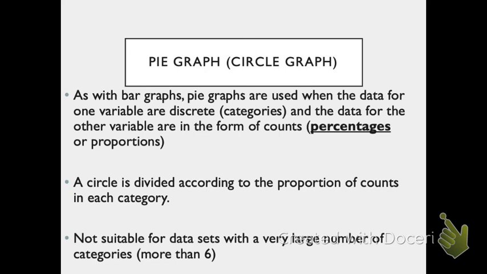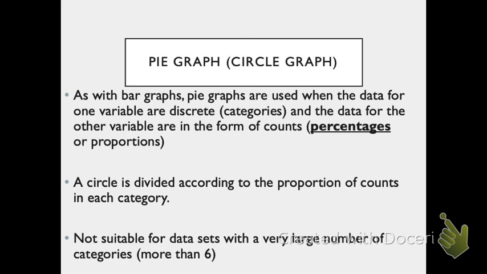But basically, we take a circle, we divide it into the different portions, and then we look at them in one kind of snapshot picture. If we have data sets with a lot of categories, okay, the general rule is kind of more than 6 categories, we should use a different kind of graph because it might make our pie slices too small, right? It's hard to see it when it's too small.